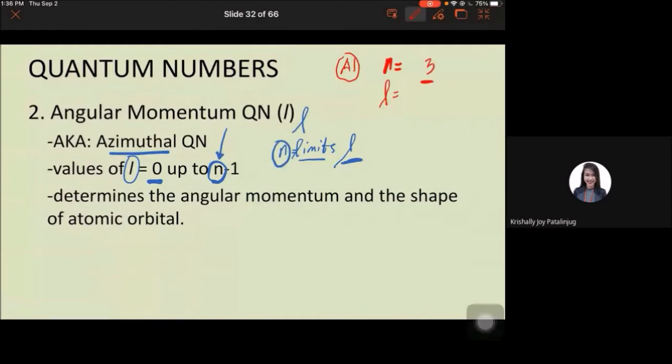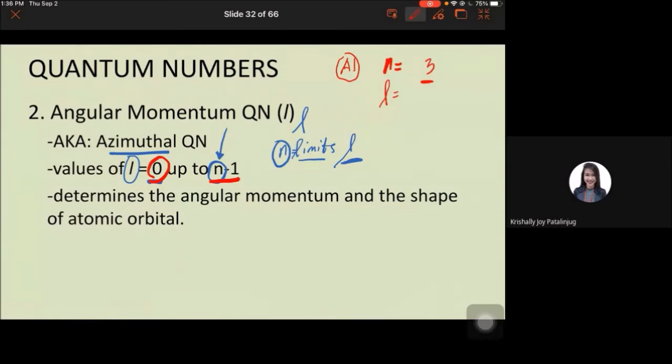Ano yung mga posibleng value? So, again, 0 to n minus 1. So, substitute mo lang n, 3 minus 1, 2. Sabi dito, values of L is from 0 to n minus 1.